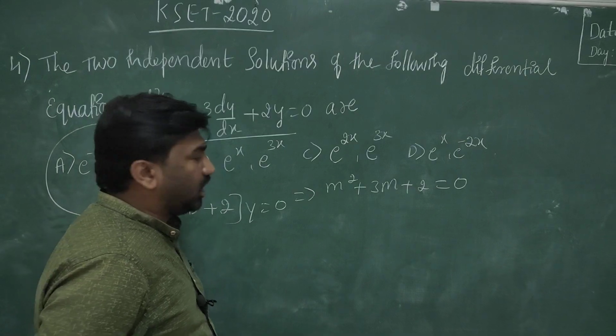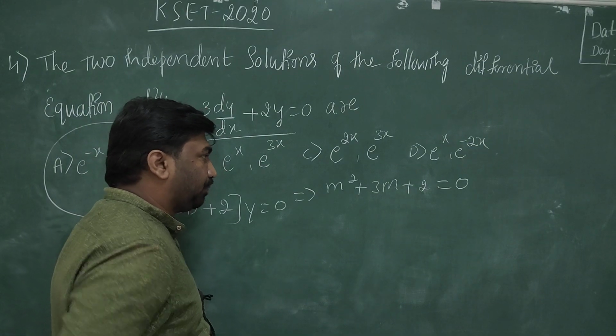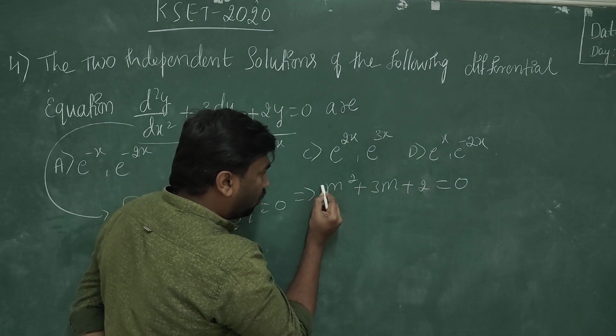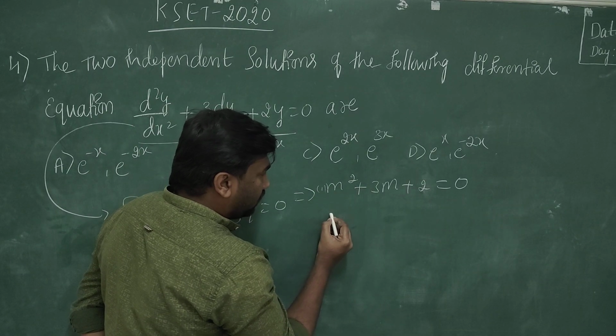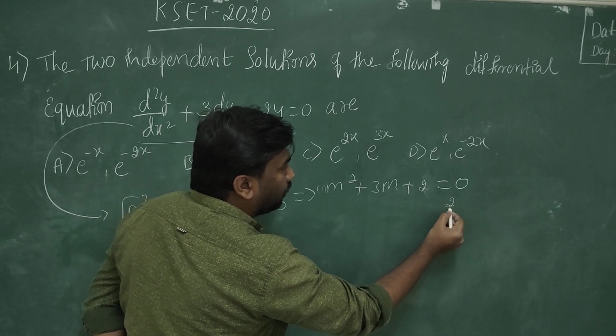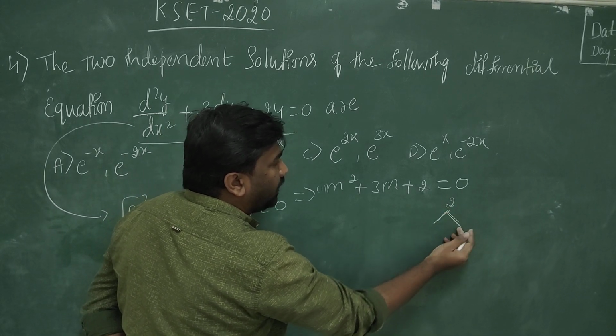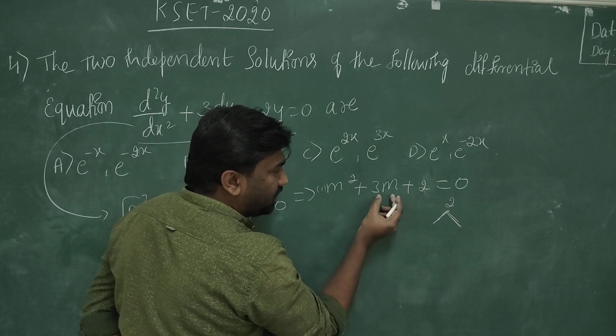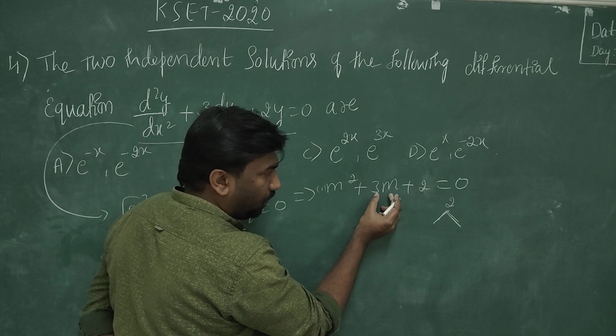We know how to factorize; it looks like a quadratic equation, ax square plus bx plus c. By the factorized method, the coefficient of m square is 1, so take 2 into 1. If we multiply 2 digits, it has to be 2, and if we add these 2 digits, it has to be 3.